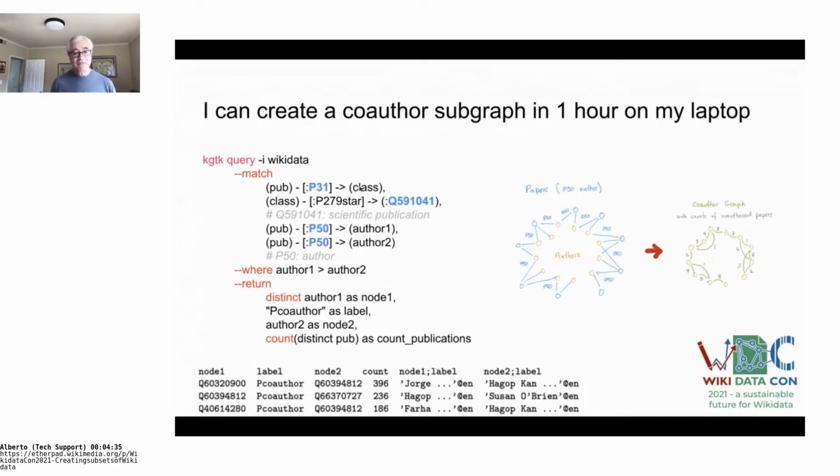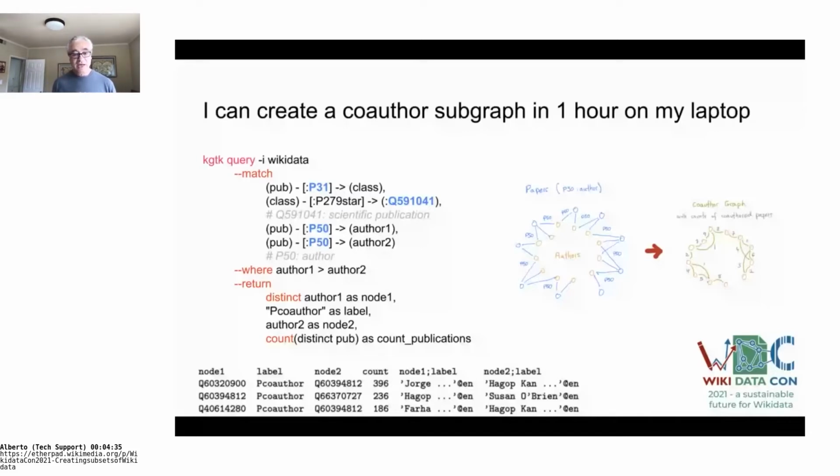That class has to be a subclass of Q591041, which is scientific publication. From the publication, I extract two variables for the author. I put a where clause that the one author has to be different from the other one. I use greater than so that I don't get duplicates. And then I return the data.